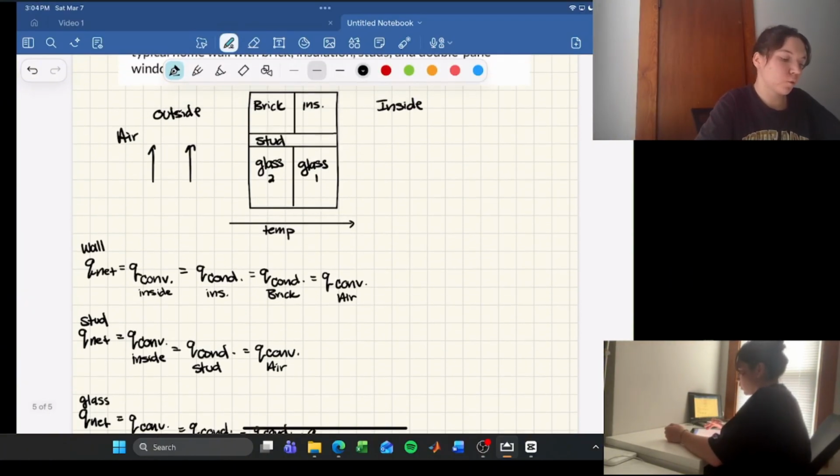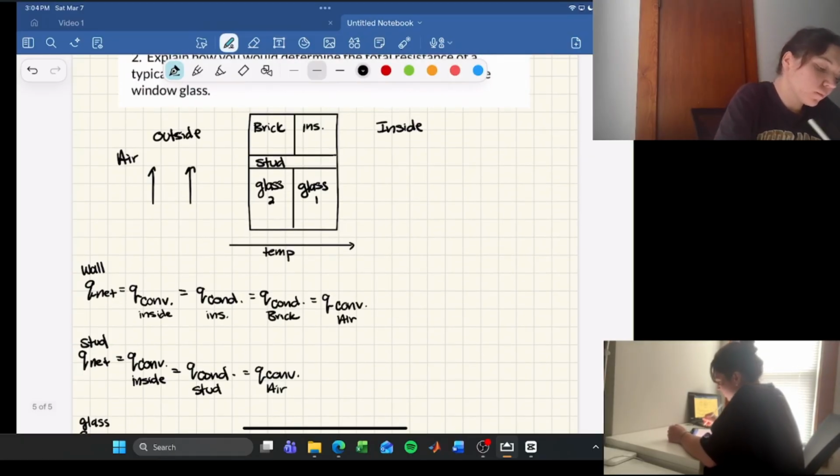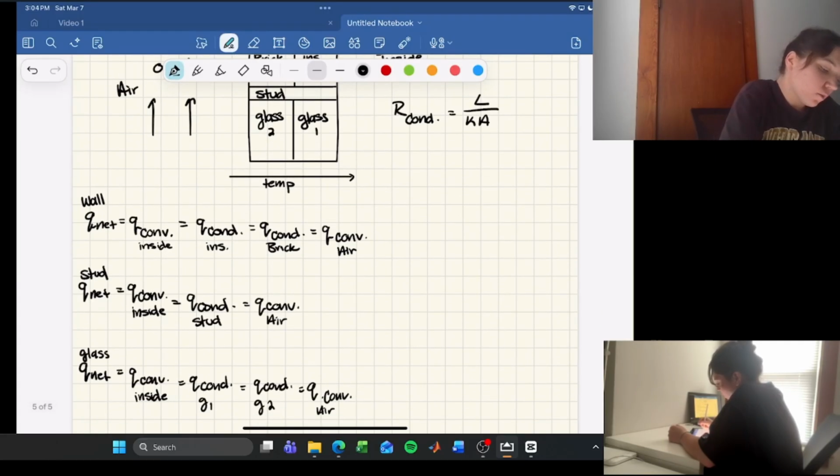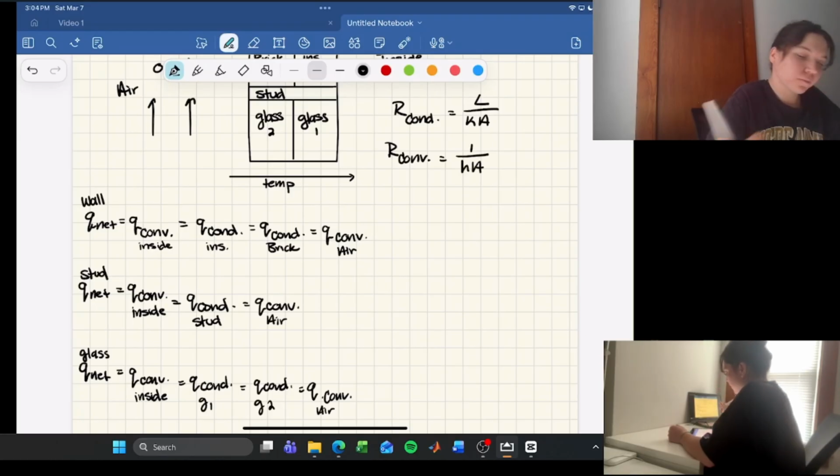And then remember from what we derived earlier in the video that the thermal resistance from conduction was the length over the thermal conductivity times the area. And the thermal resistance based on convection was 1 over the heat transfer coefficient times the area.